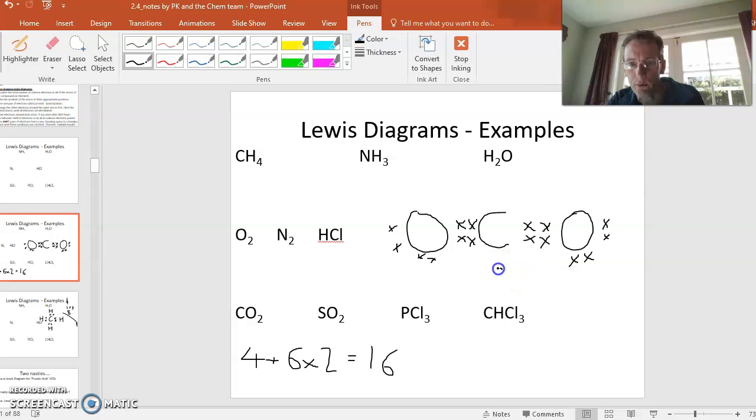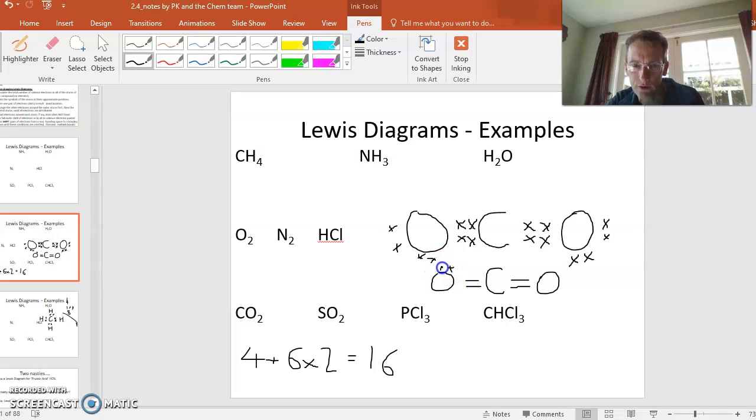Another way we can draw that, which is a little bit clearer, is to draw each bond as a line. 1, 2 lines. So each line is for 2 electrons. That's one bond. There's another bond. There's the bond there. And we also have to put the electrons around the edge, just like we had before.